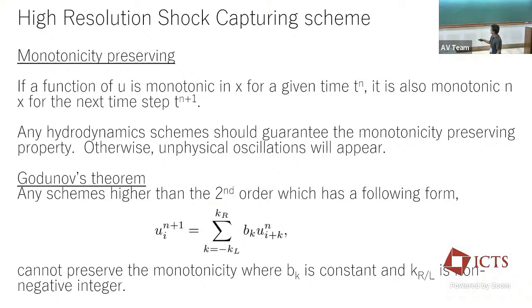The profile of u_i at n plus 1 is determined by the linear combination of the slice n, right? K runs from some integer k_L to k_R, and b_k are some constants. So with this linear form, you cannot construct a second order or higher order scheme which preserves monotonicity.